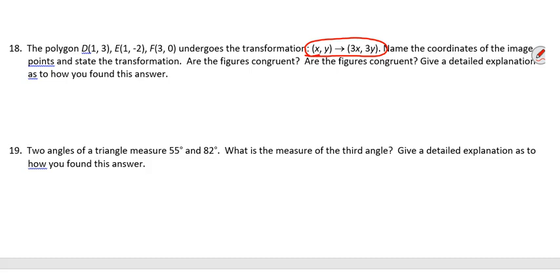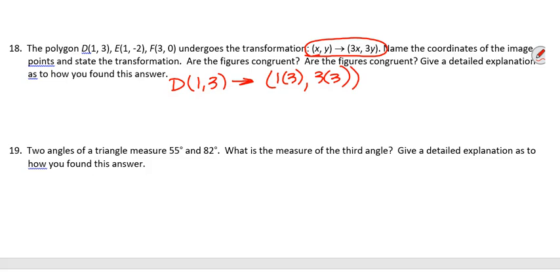multiplied. So what we're going to do for D, which was 1, 3, we're going to go that 1 times 3. Let's do it this way, just to make it clearer. I'll put it in parentheses. 1 times 3, and then 3 times 3. That's going to be my new D prime.